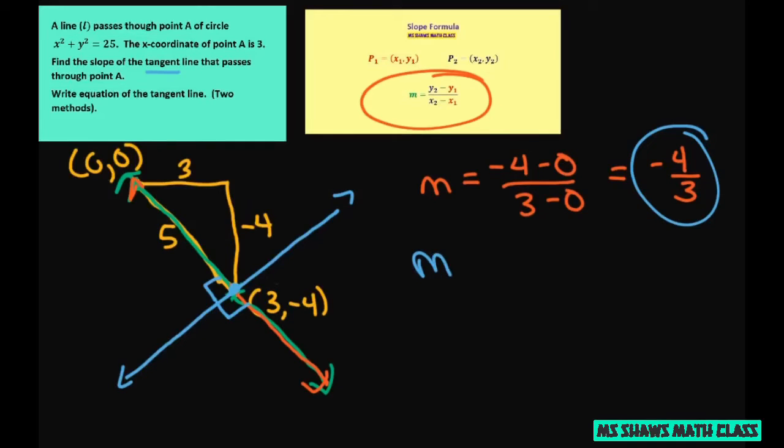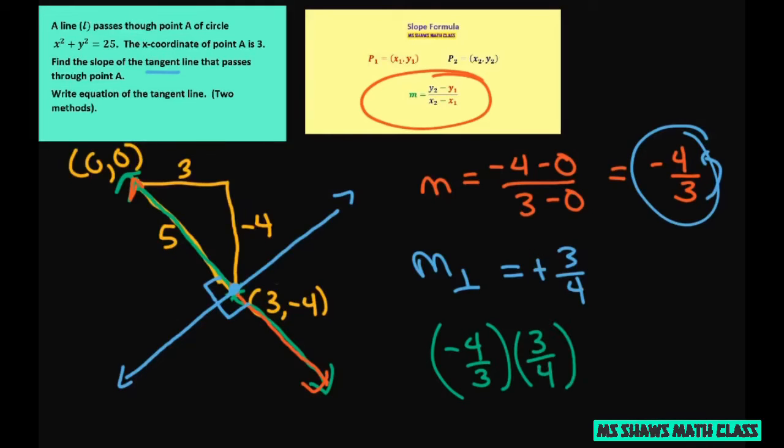The slope of the perpendicular line is you flip this around, so you get 3/4. And since it's negative, we change it to positive. By definition, if you multiply the slopes of two lines and you get -1, that means the lines are perpendicular. So we get -12 divided by 12, that equals -1. So we did get the slope of the tangent line.